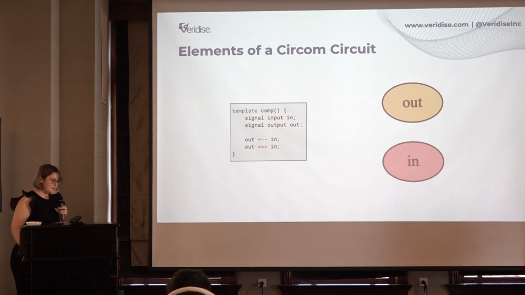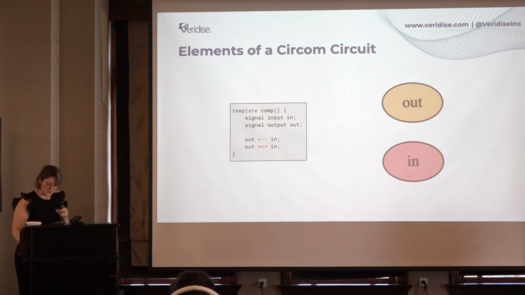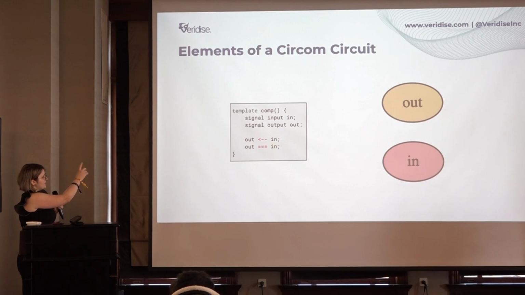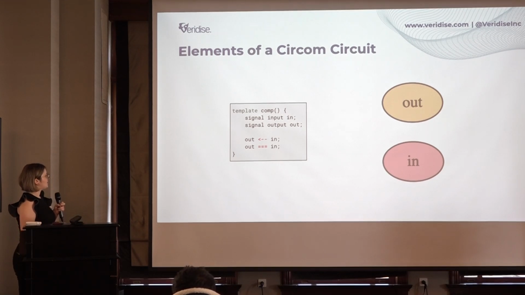All right, so here you see we use some nodes which correspond to the input signals and to the output signals. And we can basically encode the relations between the output and the input based on the assignment operators or the constraint or the equality check on the last line of this code, right?